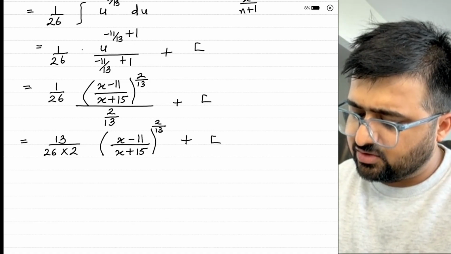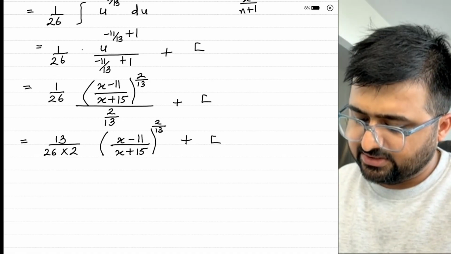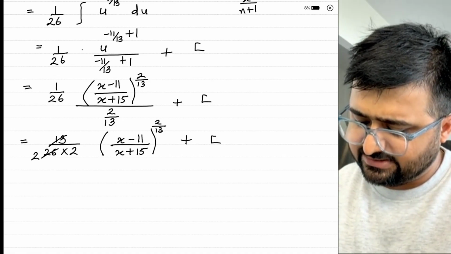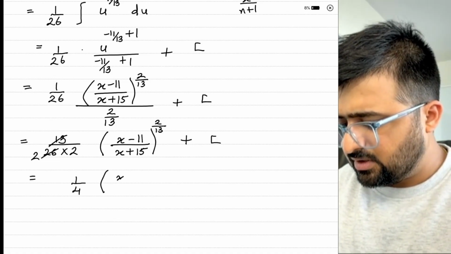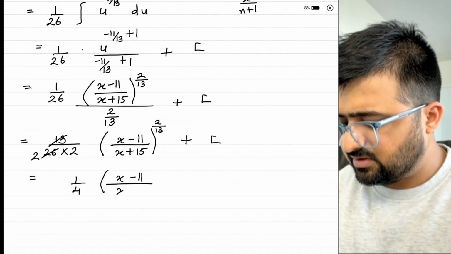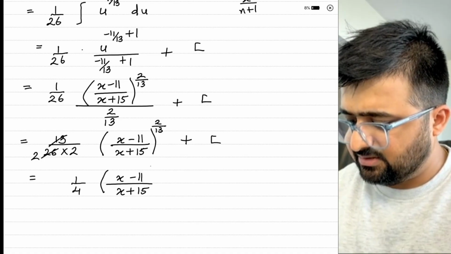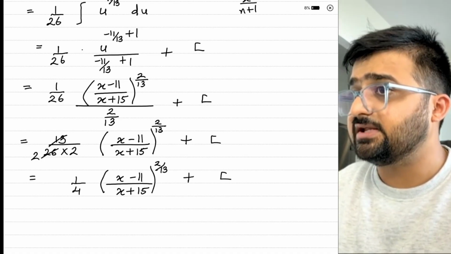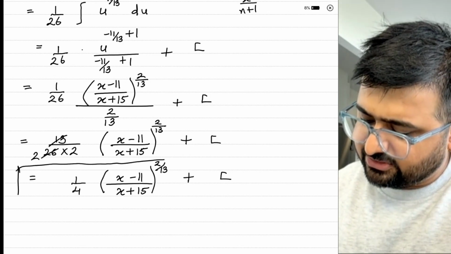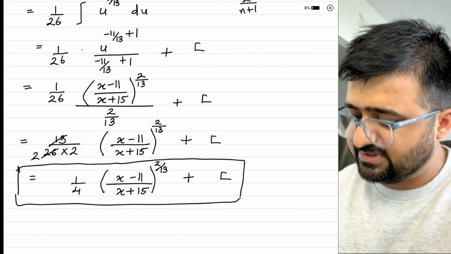Plus, let's add the constant of integration c, which is already there. This 13 times 2 is 26. So essentially what you have is 1 over 4 times x minus 11 divided by x plus 15 to the power 2 by 13 plus constant of integration c, and this is nothing but your clean final result of this integral.